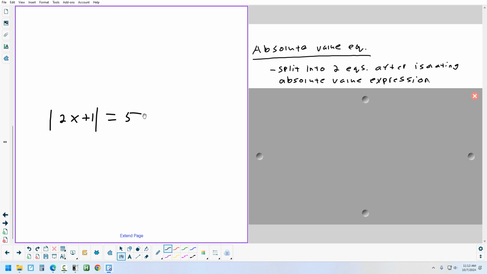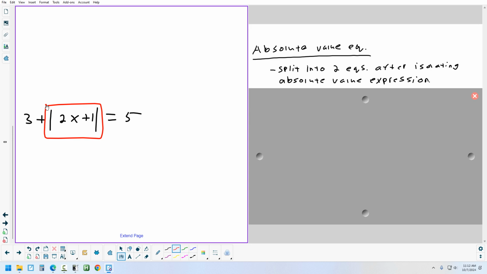Here's an example where the absolute value is not isolated. There's something else outside the bars on the same side. So the first thing we would have to do is get this alone on one side.